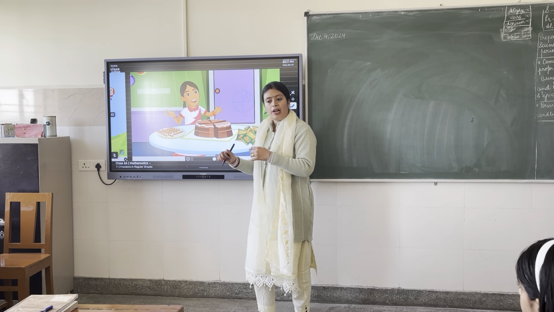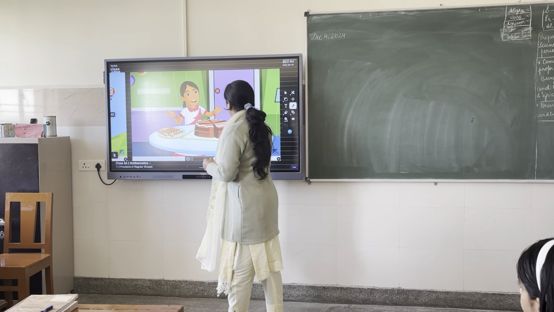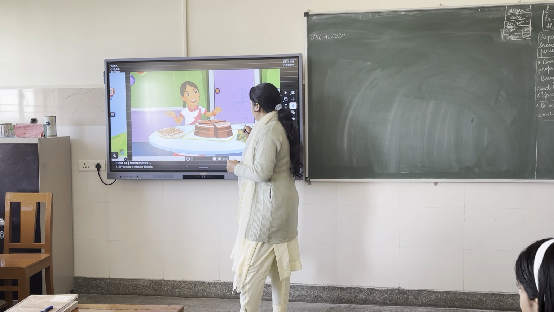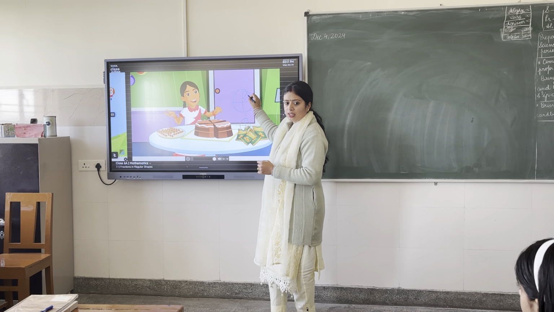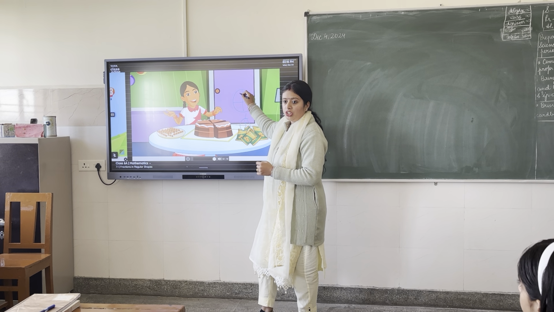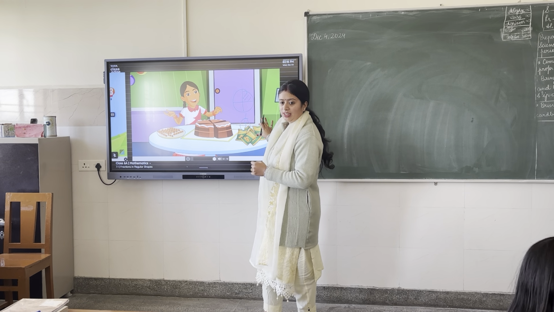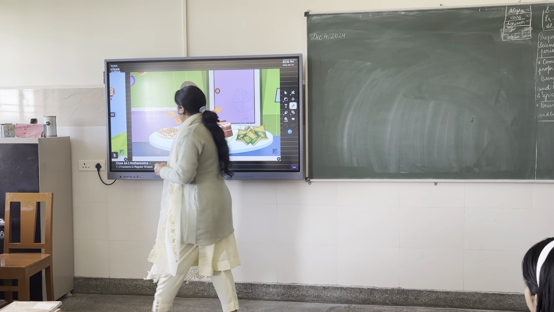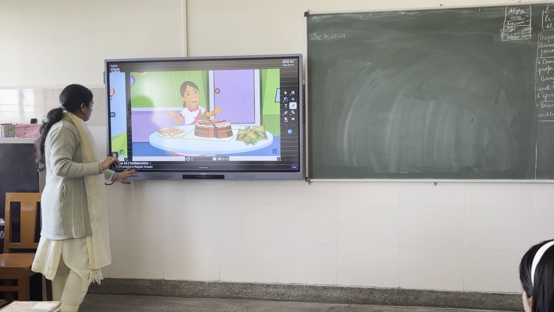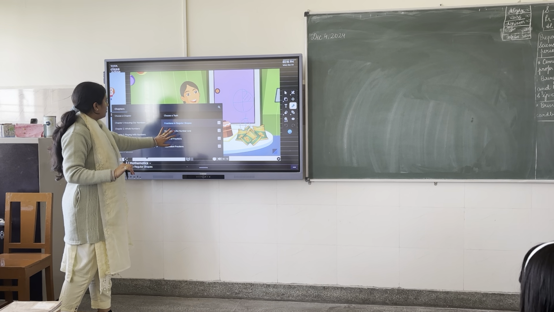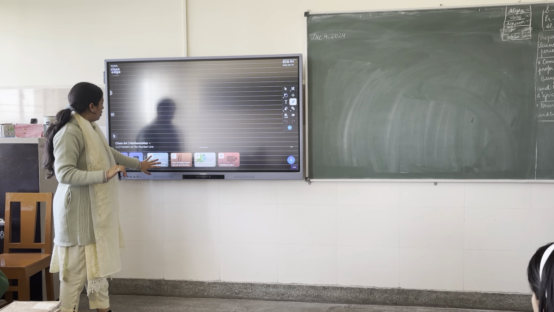That means how much part is eaten is 1 by 4. 4 means the total number of parts and 1 is the part which is eaten, and it is expressed in fractions like this. Okay, let's move to the next topic, fractions on number line.